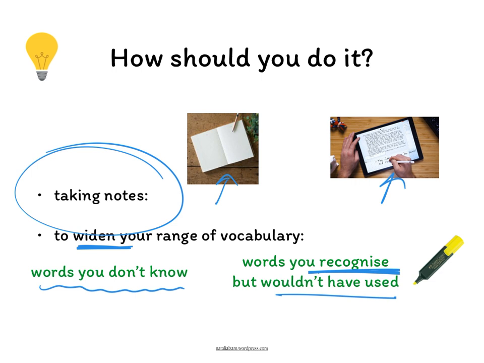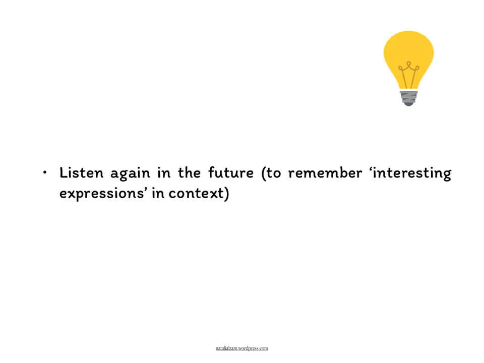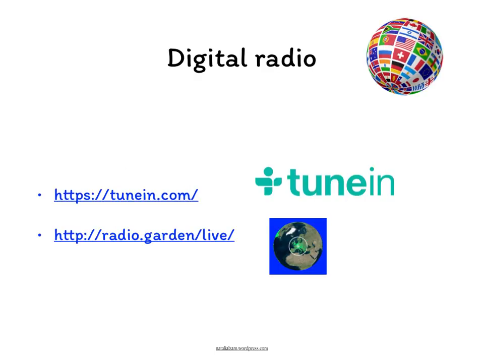Exactly like with reading, okay? And as I said before with reading, listen again to that same extract in the future, because that way those interesting expressions will come back to you in the same context, and that will help you remember and somehow internalize those expressions.